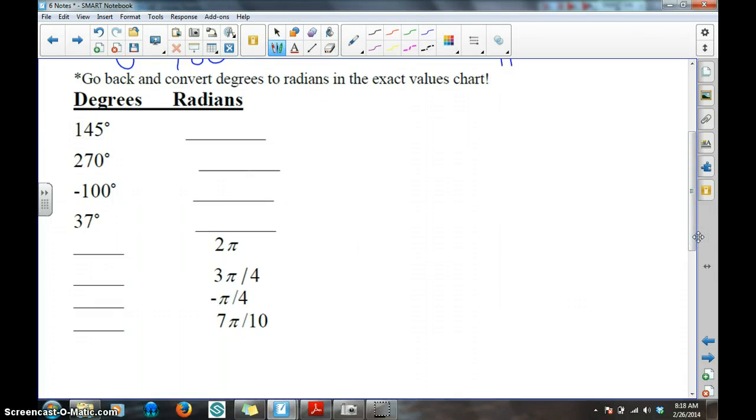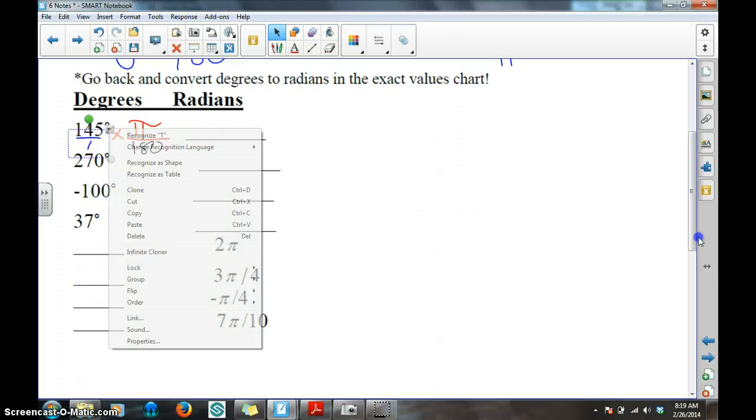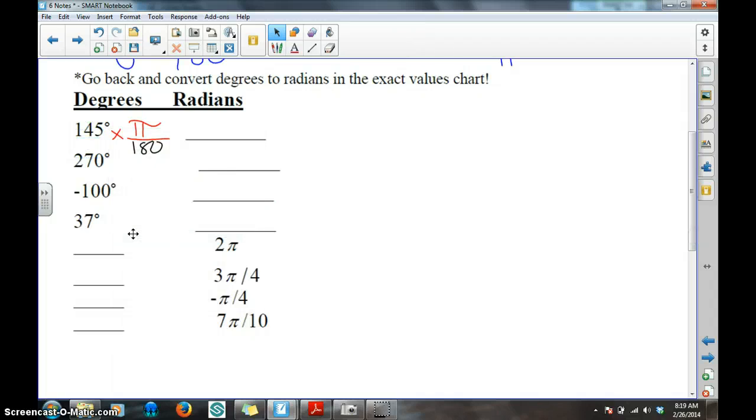What I want to do to this 145 is multiply it by pi over 180. Now if you think of fractions in terms of multiplication, to multiply two fractions, I multiply the tops, I multiply the bottoms. There's a reducing piece that goes on here. I'm going to try to reduce or divide out any common factor. The denominator's location doesn't really matter to me.